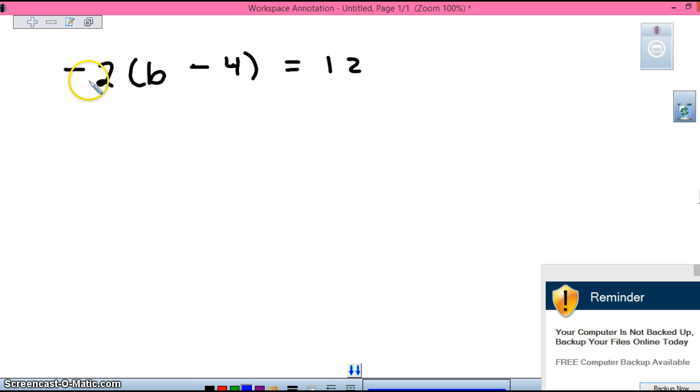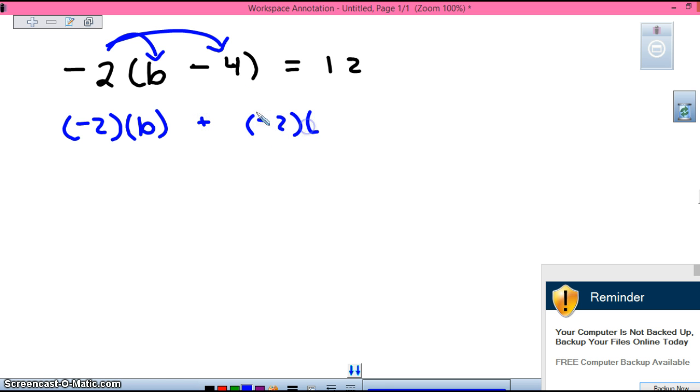If we have to solve negative 2 times b minus 4 equals 12, the first thing we have to do is distribute negative 2. This means negative 2 times b plus negative 2 times negative 4 equals 12. Negative 2b plus 8 is equal to 12.